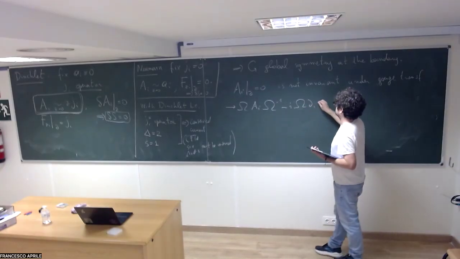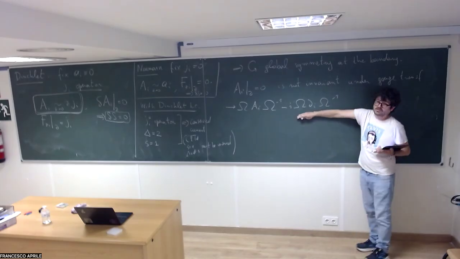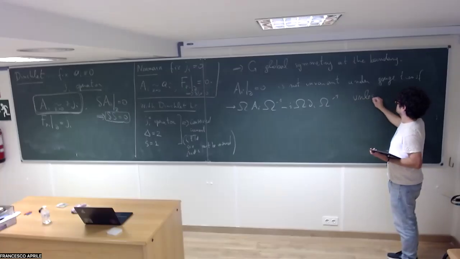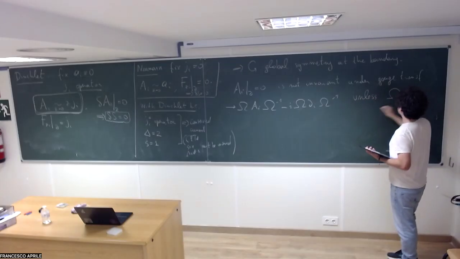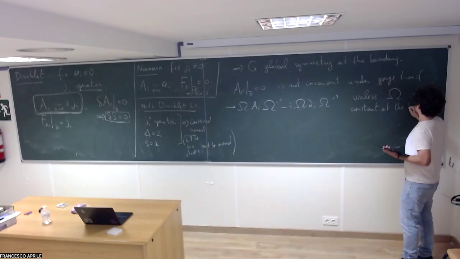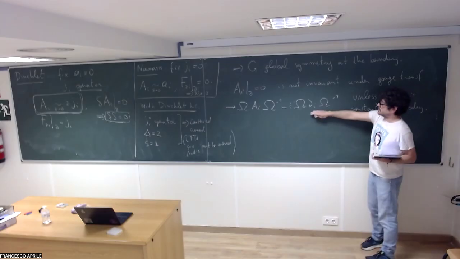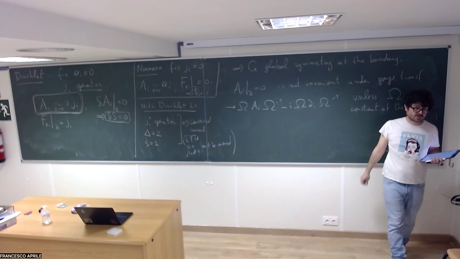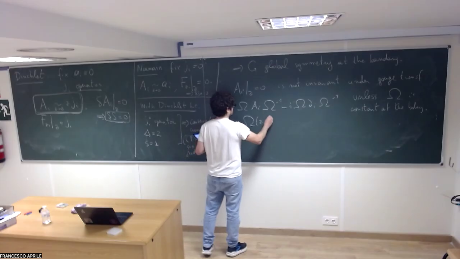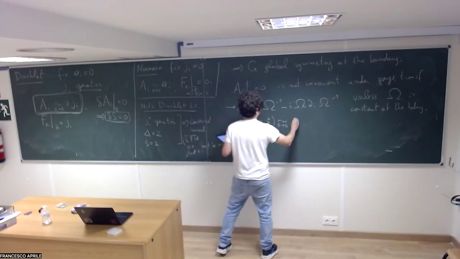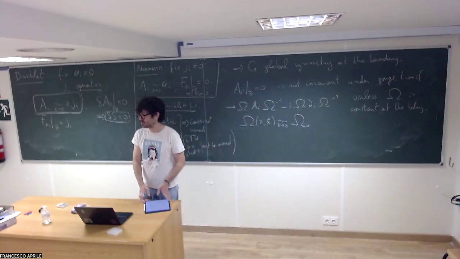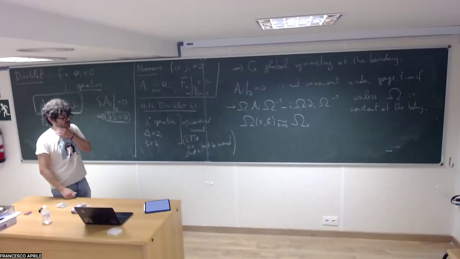It's something like that, right? So you see, it will not leave this condition invariant unless omega is constant at the boundary. So if I take omega to be constant, then this boundary condition is okay. And so this constant value, when z goes to 0, approaches some constant, which now I can think of as a parameter of a G global symmetry at the boundary. So I'm allowed to do this type of transformation.